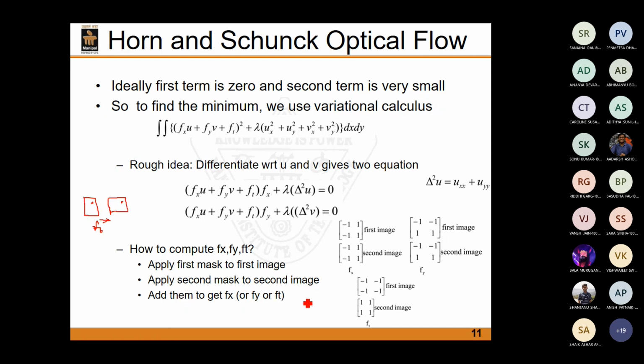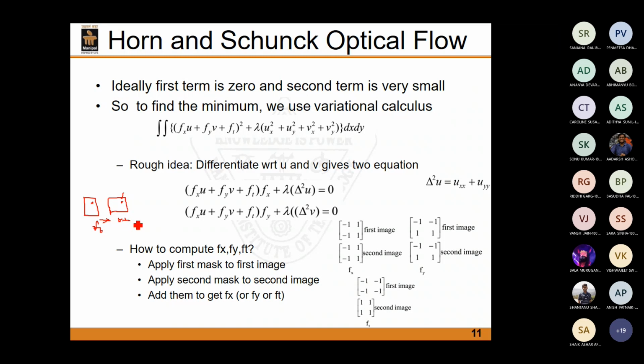So in order to calculate ft, for the first image I use the mask -1 -1 -1 -1, and for the second image I use the mask 1 1 1 1. So I am just taking the pixel information in the frame, let's say t plus dt.